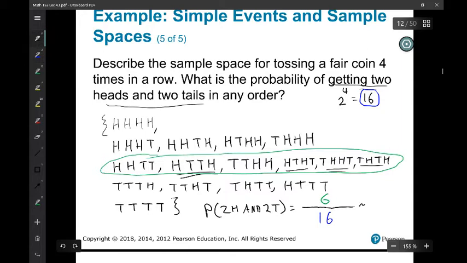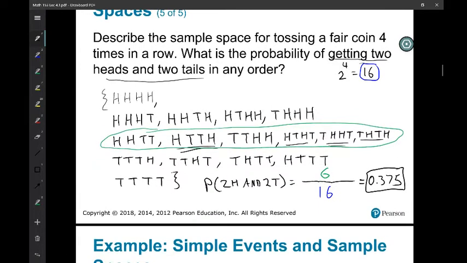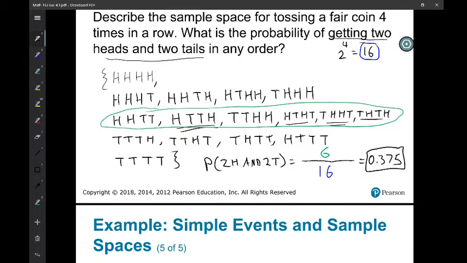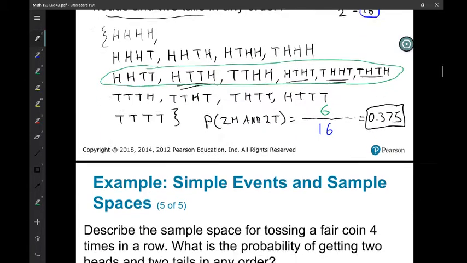So that's exactly 0.375. So it's more likely that you'll get some other combination, but it's not necessarily rare.